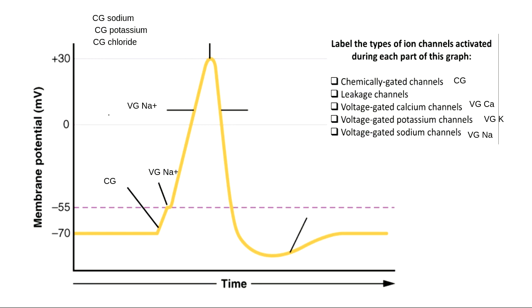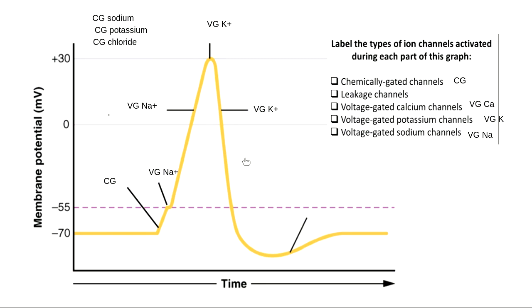Their job is to repolarize the membrane. So they are also still active over here when I'm in the process of repolarizing my membrane. They open up when we're all the way up here at the top at positive 30, and they're going to stay open all the way down through this process of repolarization.